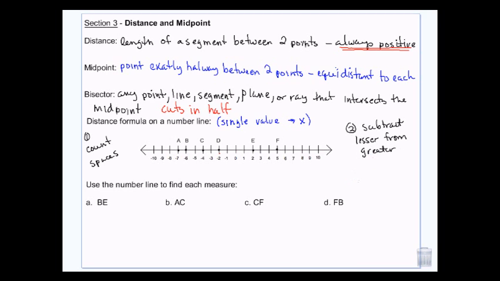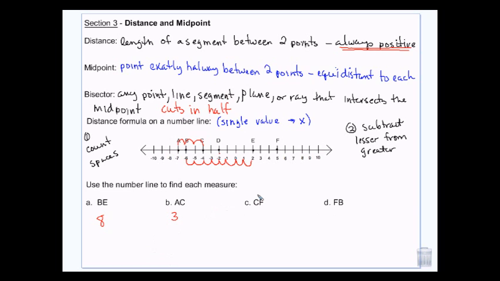So if I'm just counting and I want to find the length of BE, I go from B to E and I count 1, 2, 3, 4, 5, 6, 7, 8. Counting's pretty simple, straightforward. AC, 1, 2, 3.